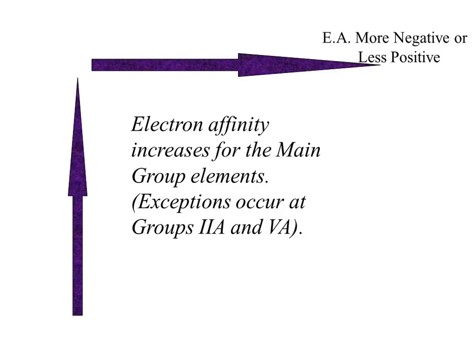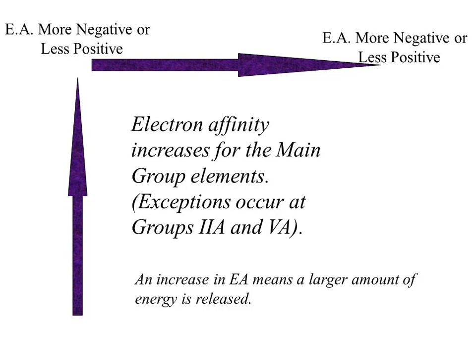So we have the same trend as we had for ionization energy and for electronegativity, but not for atomic size. When we say increasing electron affinity, we mean that it's becoming more negative. A more stable species is formed.